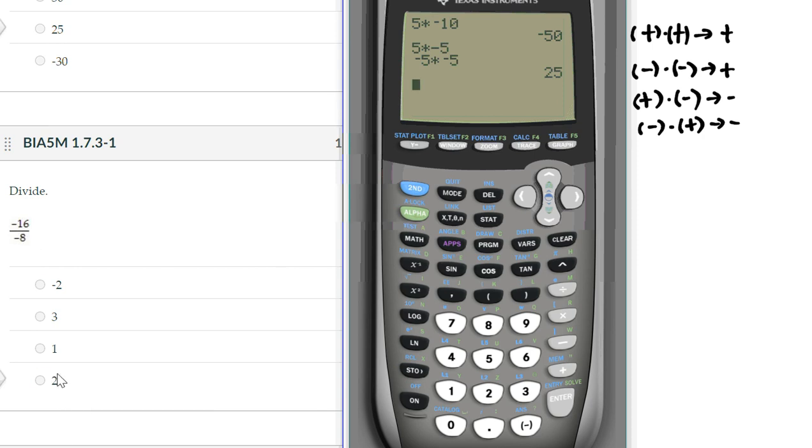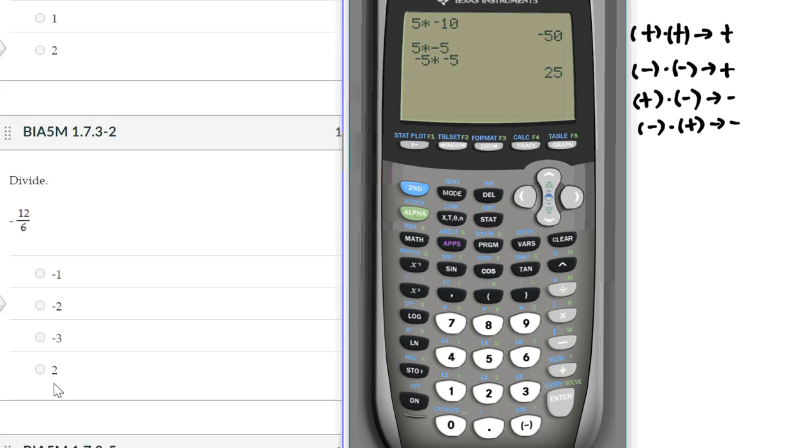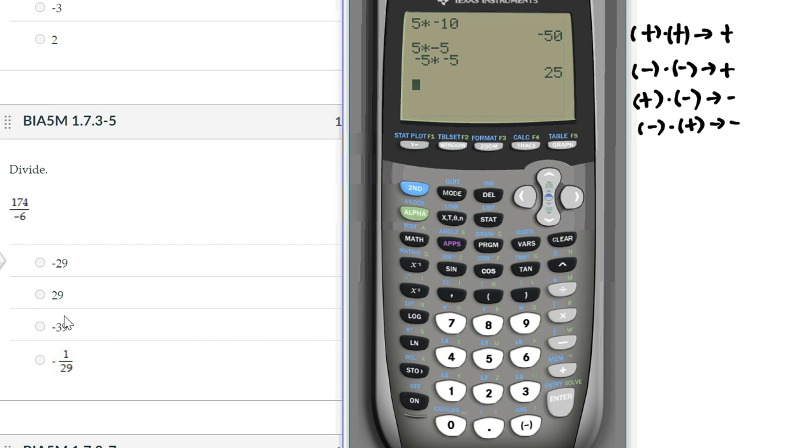So the final answer is this one. Okay. Now this one you have a 12 divided by 6, which is 2, but you have a negative in front of it. So the answer is negative 2. Okay, that's this one. All right, keep going.